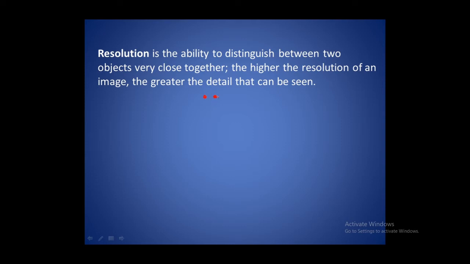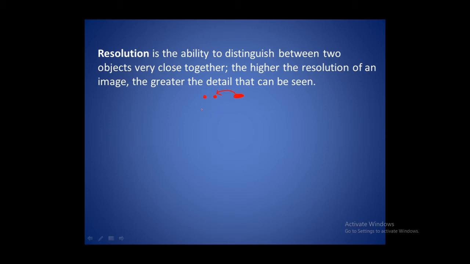Whereas if you see these 2 points as one single point like this, then of course we can say that the resolution is not that good. So as you increase the resolution, you will be able to see not one but 2 points or 2 objects.